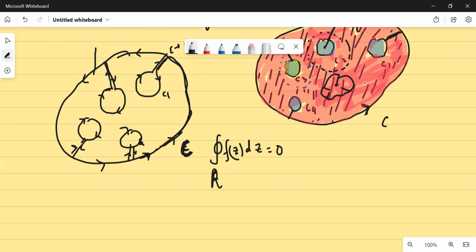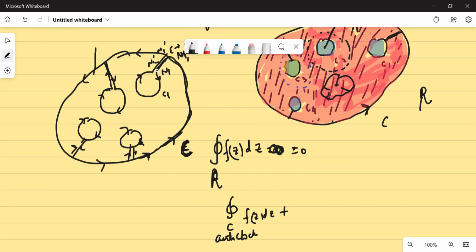So if I say that in region R my function f(z) is analytic, then this particular integration will be 0, but it can be replaced by the integration over C anti-clockwise. Then I would go on to say this. Let's say this is m1 n1, and this will be n1 dash m1 dash.